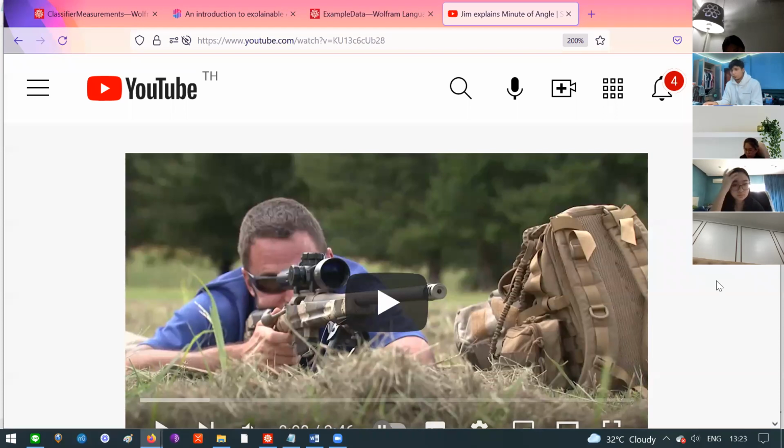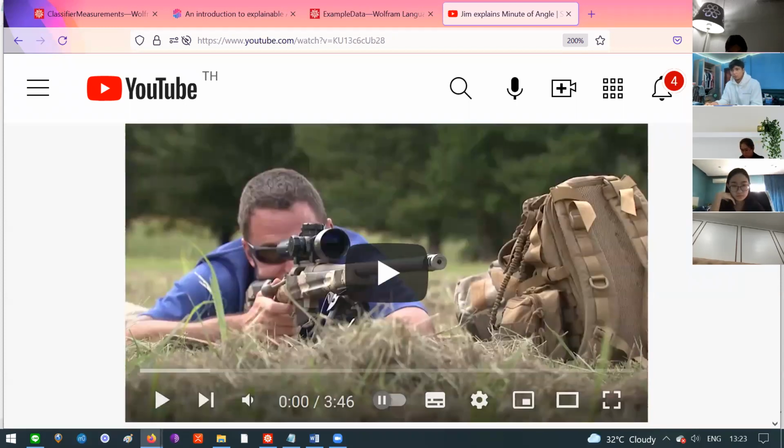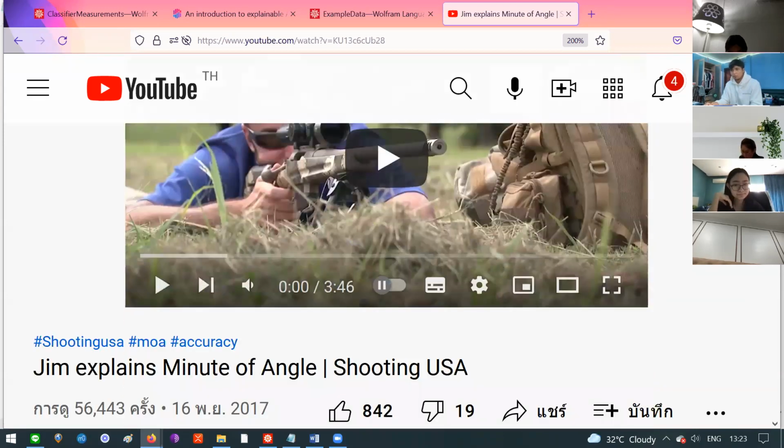So when a gun manufacturer or a bullet manufacturer says it's very accurate, the quotation is something like minute of angle. If you think of surrounding yourself with 360 degrees, you take 1 degree of space in front of you and divide it into 60; that's called a minute of angle.